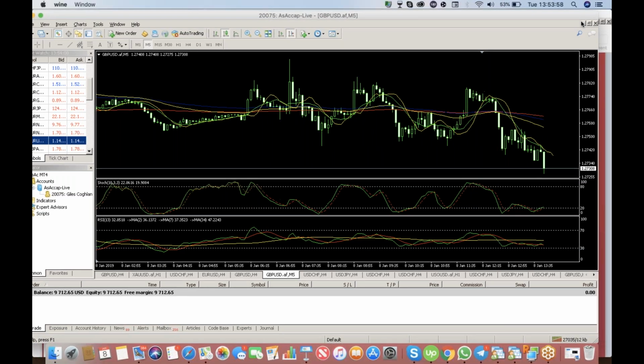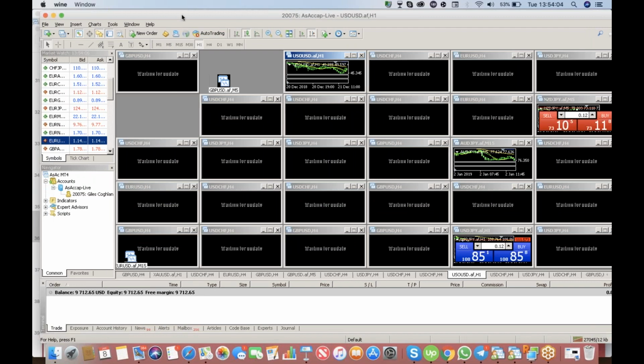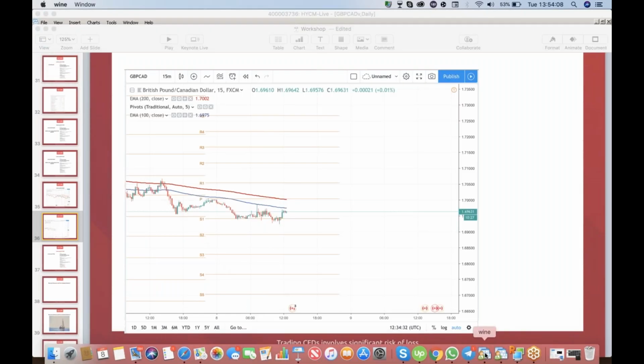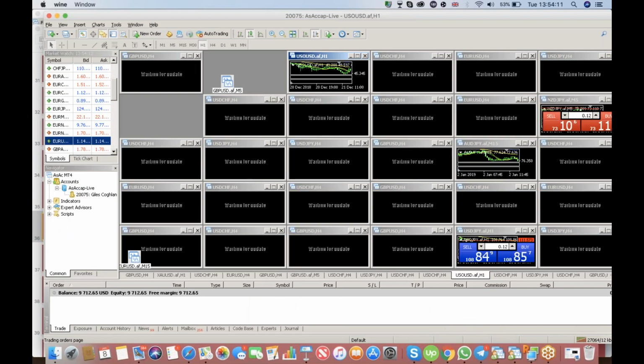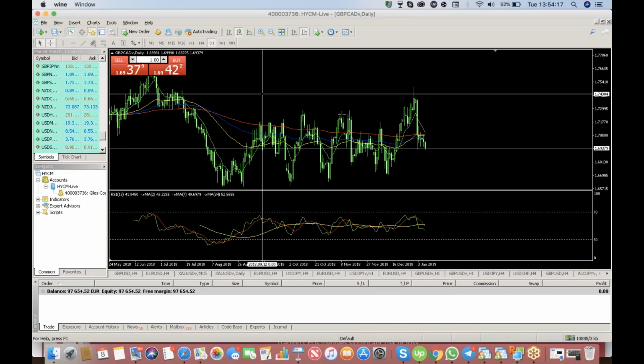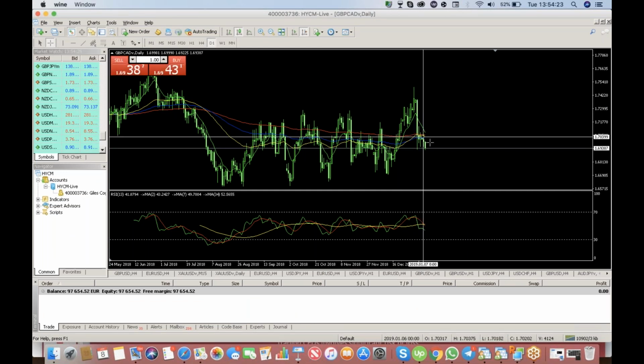If we look at pound CAD, yeah, here's the pound CAD pair. So you can see that on the pound CAD pair on a wider scale, the price has rejected the 100, 200 exponential moving average and is falling down.